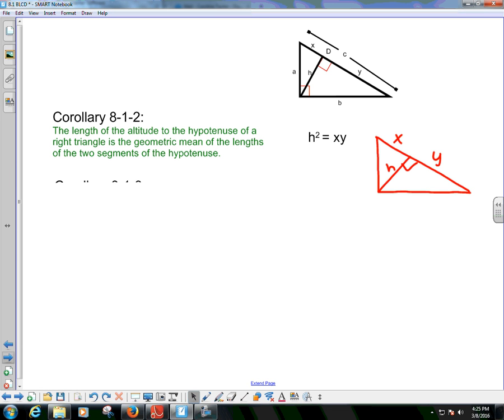And so this corollary says that the length of the altitude is the geometric mean of the two segments of the hypotenuse. But this is kind of ugly. If I square both sides, I end up with something that's a little bit easier to work with. So that's what this means. That's how we're getting this statement right here.